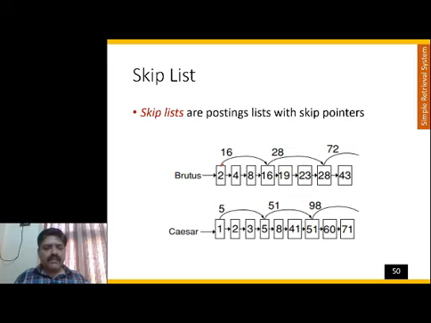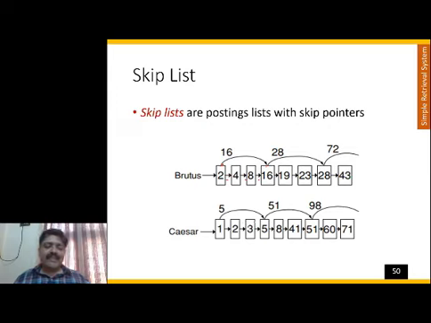If you look at this, I have two pointers from 2, one which goes to 4 and one which goes to 16, and from 16 again one which goes to 28 and one which goes to 19. So this one is a sequential pointer, and this jumps at an interval of 3. So for every fourth element, or 3 elements after this element, I can jump if I want to.